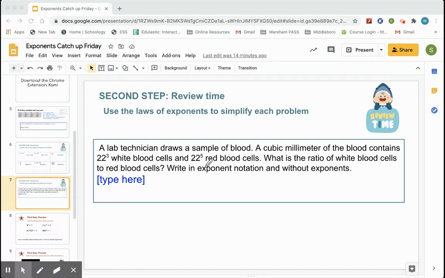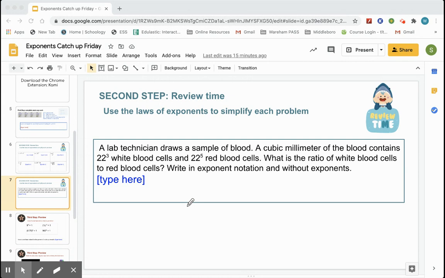And so in words, I am taking the ratio of white blood cells to red blood cells. All right.